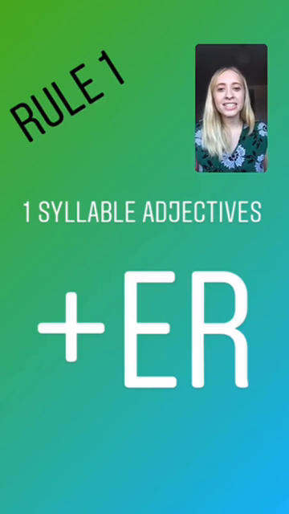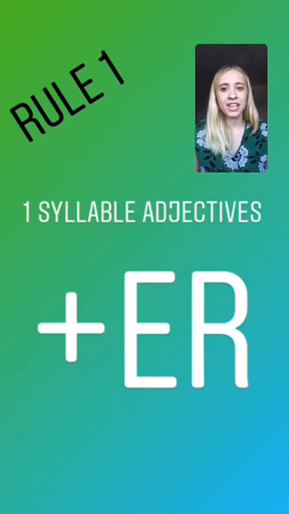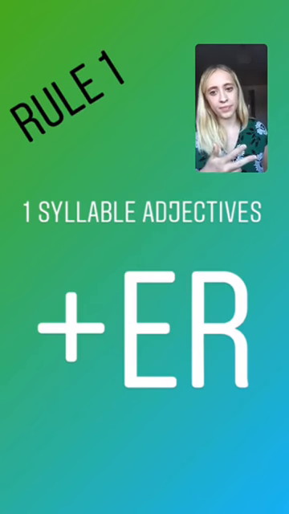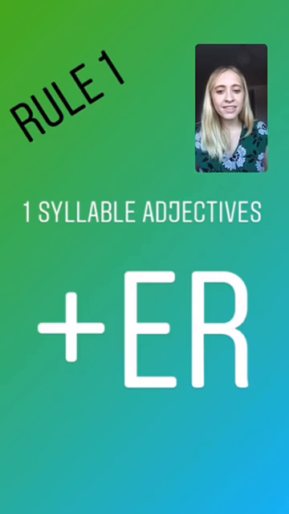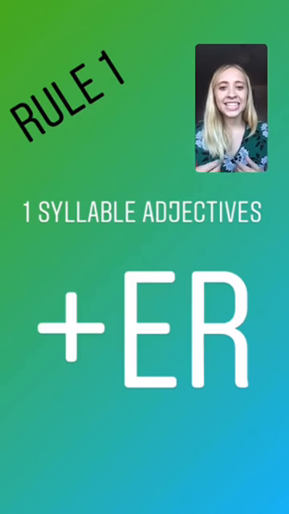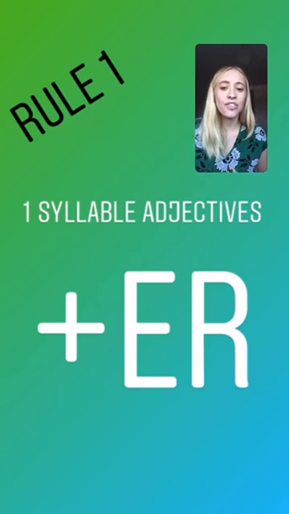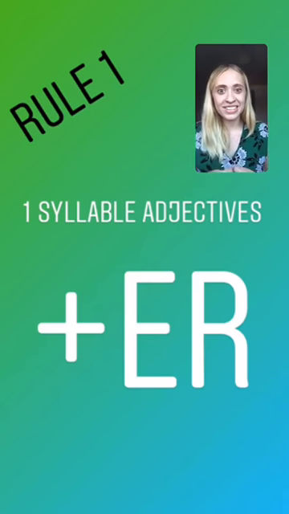So our 1-syllable adjectives, some examples are tall, small, or big. What we do to turn this into a comparative adjective is we add er. You maybe look a bit stupid when you do this, but I promise it's the correct sound.